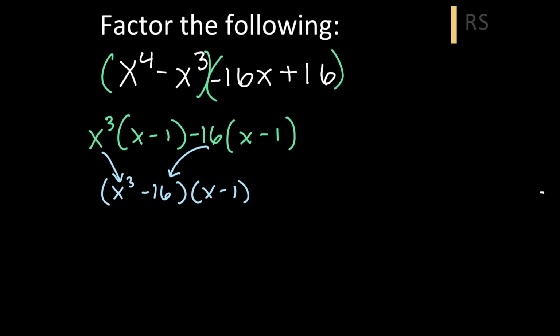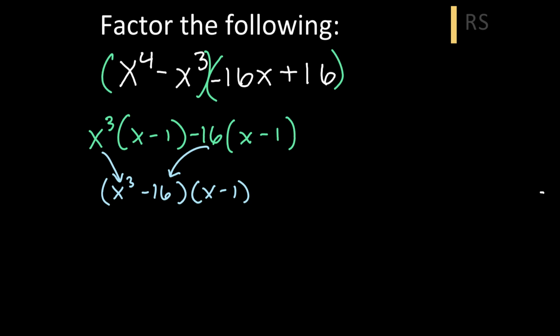Now, what do you ask yourself on this step, Jazz? You ask yourself, can it be factored further, right? So this first one, no, you got it right. So this first one is a cubic, so it possibly could be factored more.